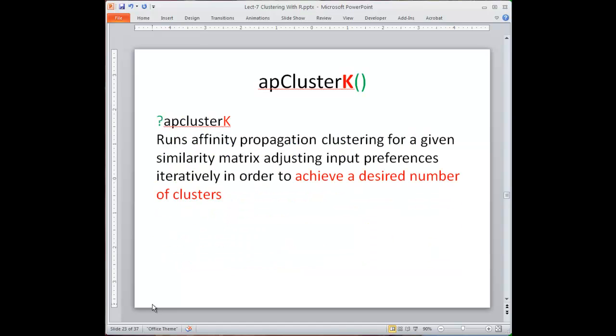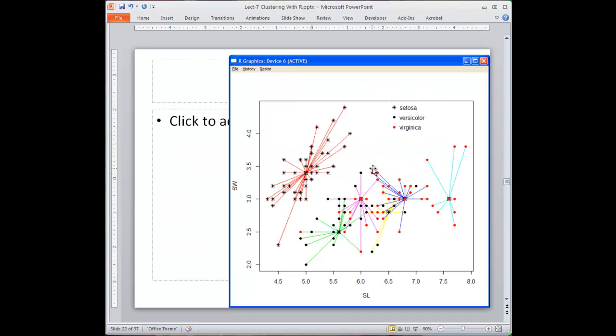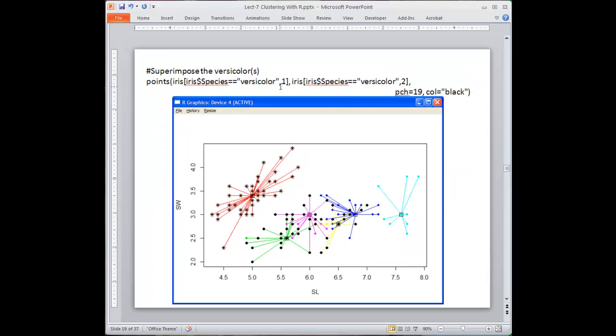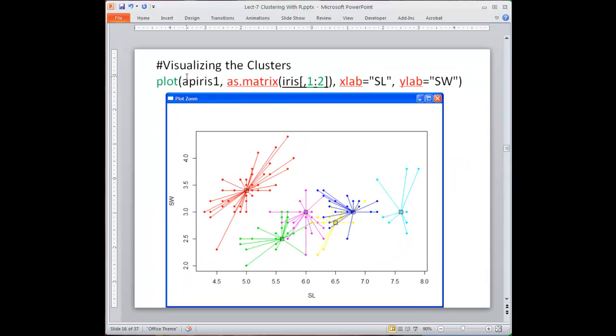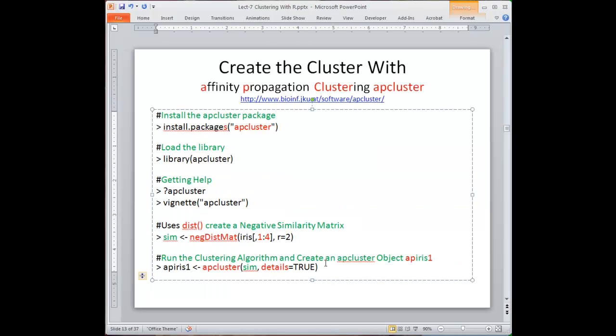The other clustering algorithm is the k-means cluster. If you look at the AP cluster itself, we don't have much control. In the AP cluster algorithm, we don't have much control over how many clusters. There are other details I can control, but we don't control how many clusters.